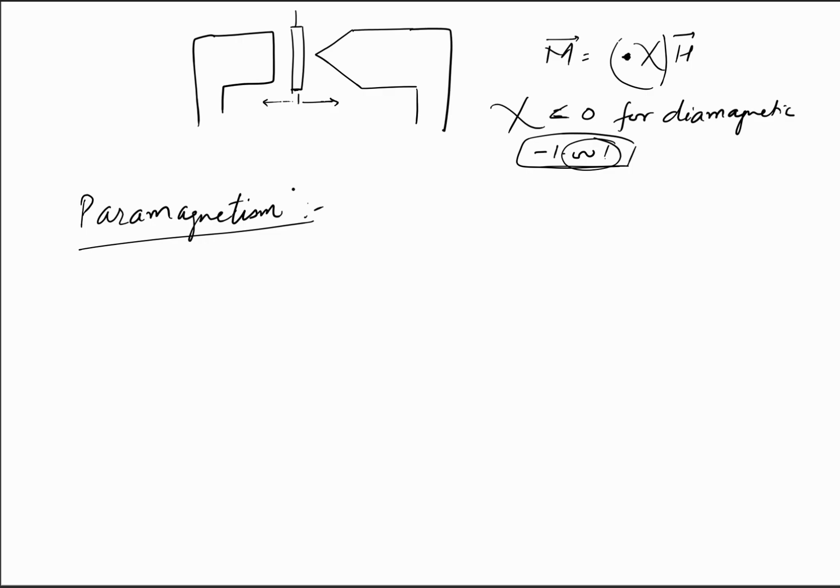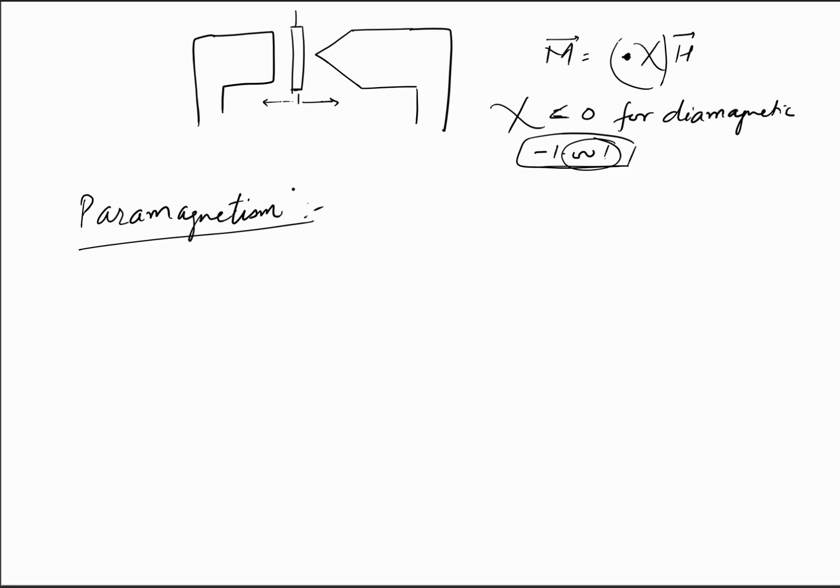Like you see, because of temperature, the electrons or the molecules and atoms are always in some kind of vibration, jiggling like this. So those thermal vibrations are much stronger as compared to this lining up action of the magnetic moments.